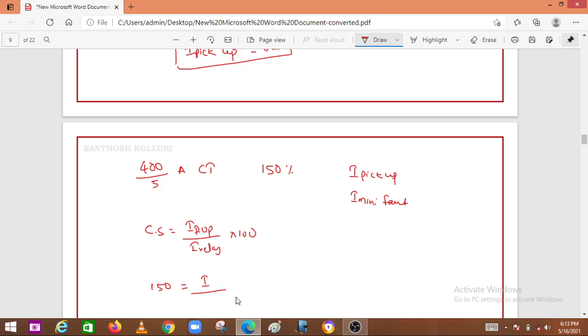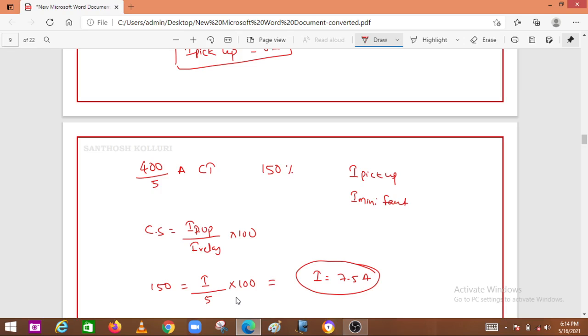Relay current is given as 5 amperes, into 100. So the pickup current I is equal to 7.5 amperes. That means 150 divided by 100 into 5, right?